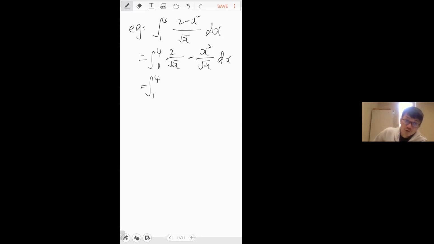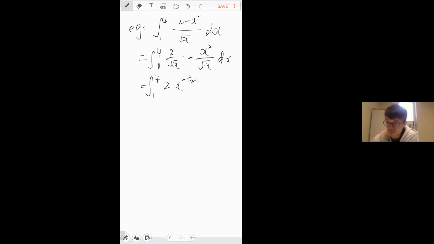So what is 2 over root x? What does it look like? What is it in terms of x to the something? Okay, so before taking the antiderivative, 1 over root x is just x to the negative 1/2.